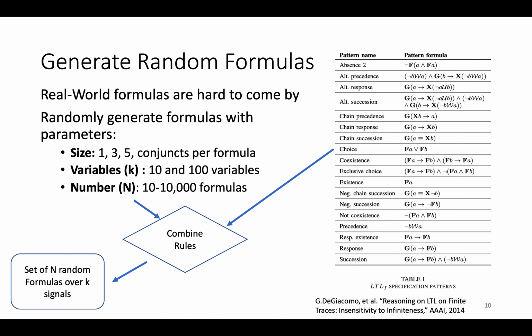We provide our tool the size of the formulas we wish to generate, a number of system variables that the formulas are meant to evaluate, and a number of formulas in total. Our tool then randomly chooses patterns from a standard set of LTLf patterns and creates n conjunctions of patterns. We use these formulas in the remainder of the pipeline.